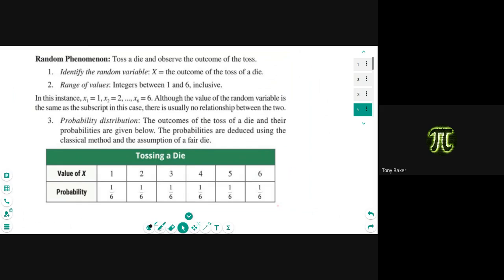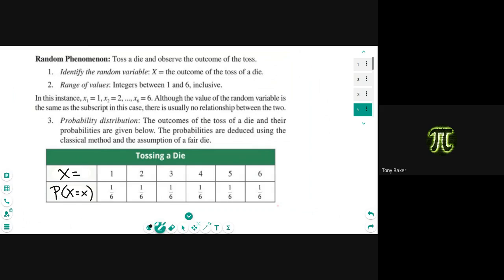So sometimes you'll actually see this instead of listed as the value of X. You'll see this as X equals, and you'll see this as X equals X. So in this case, a die is very simple.